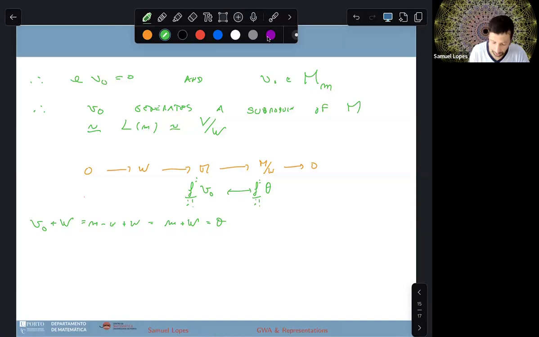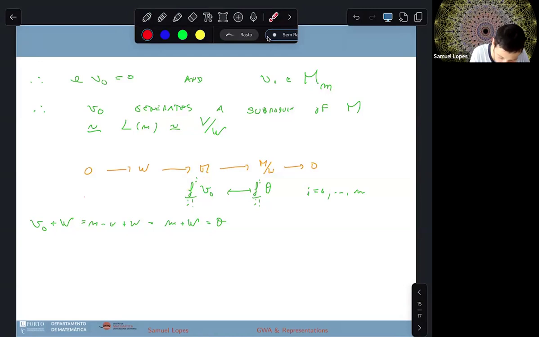And we know that here on the right-hand side, these powers, when i goes from 0 up to m, form a basis of this module, because this module is isomorphic to L_m. And here, these powers will form a basis of the submodule of M generated by v0.